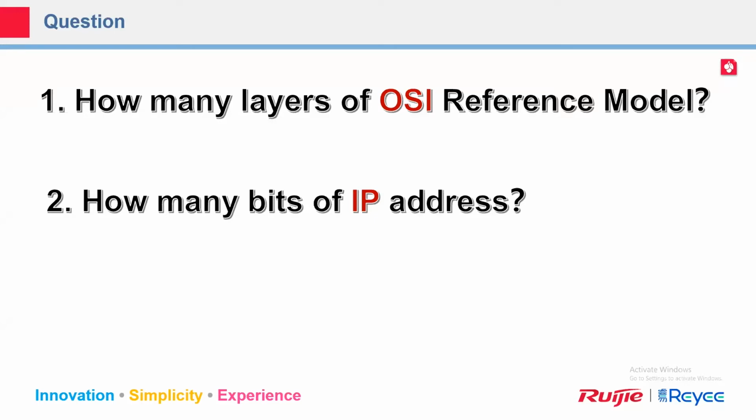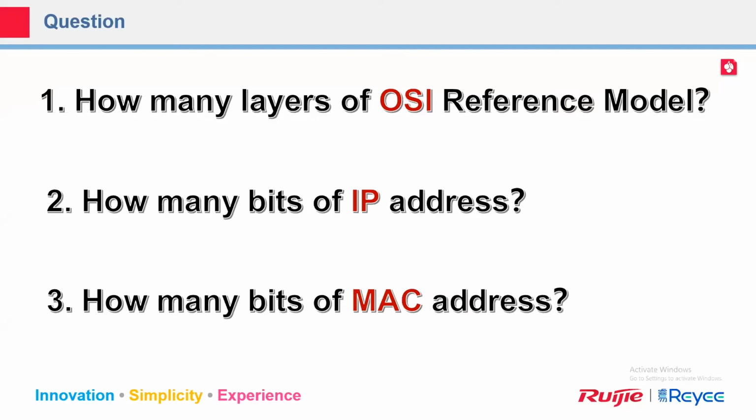32, right? Yes, 32 for IPv4. I guess maybe someone knows. Who writes the answer? So many answers. Yes, this is 32. And besides the IP address, we also have another address. This is the MAC address, right?